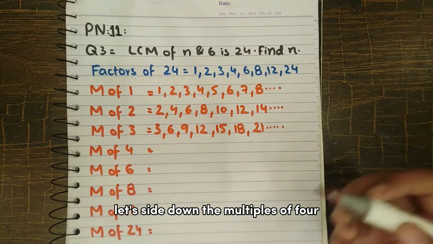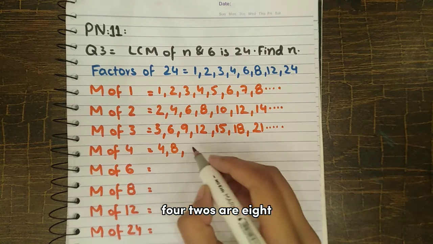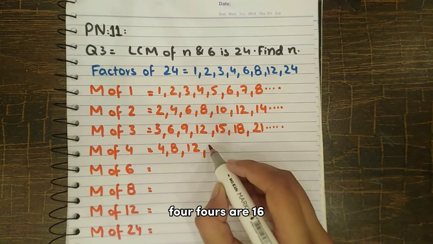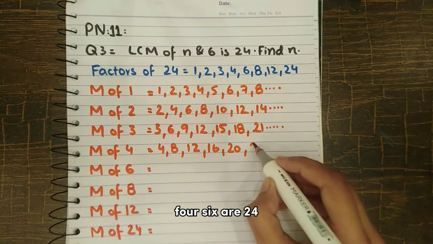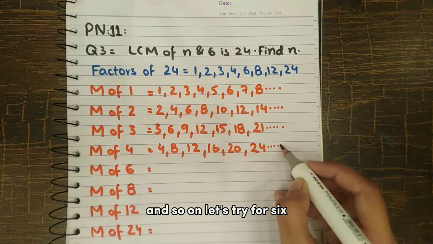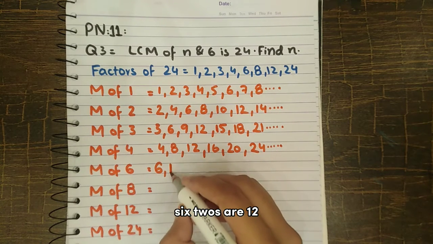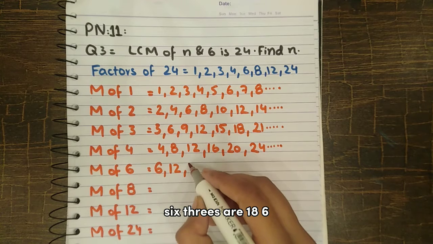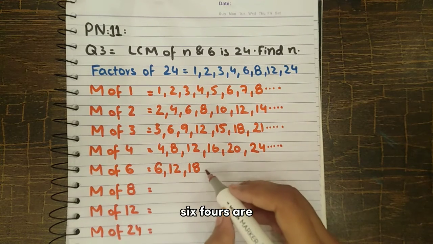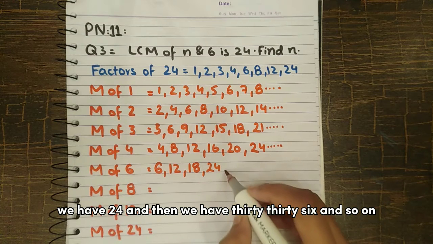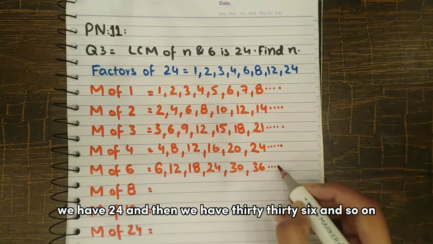Let's write down the multiples of 4. 4 2s are 8, 4 3s are 12, 4 4s are 16, 4 5s are 20, 4 6s are 24, and so on. Let's write for 6. 6 1s are 6, 6 2s are 12, 6 3s are 18, 6 4s are 24, and then we have 30, 36, and so on.